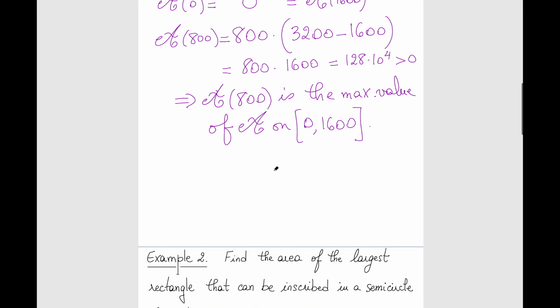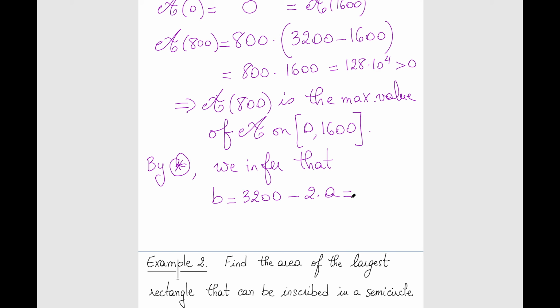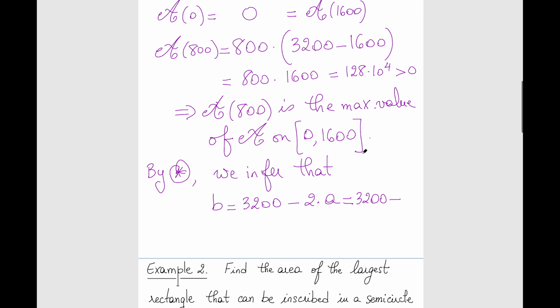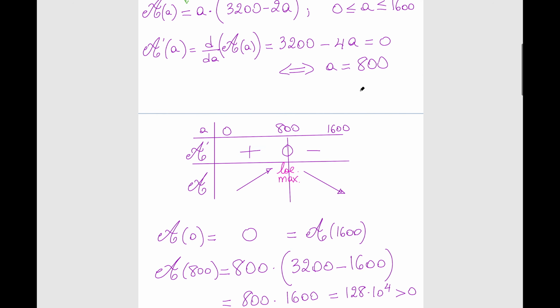All right. So now by little b here, and by equation asterisk, we infer that b has to be 3200 minus twice the a, right? And what's twice a? Well, twice a is, what's a? The a we're talking about is 800.